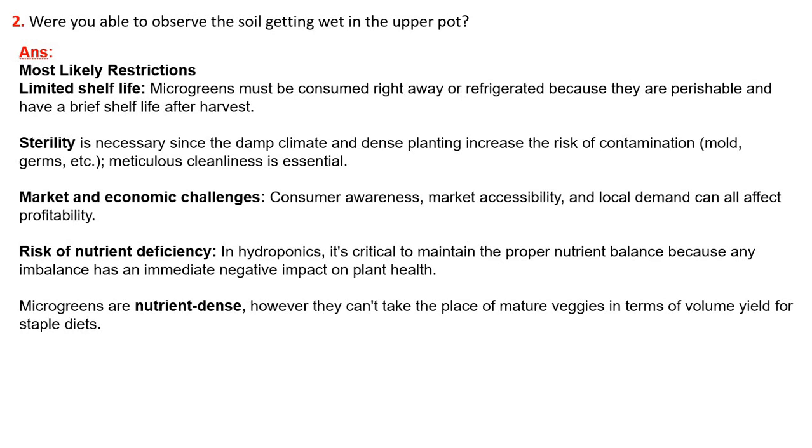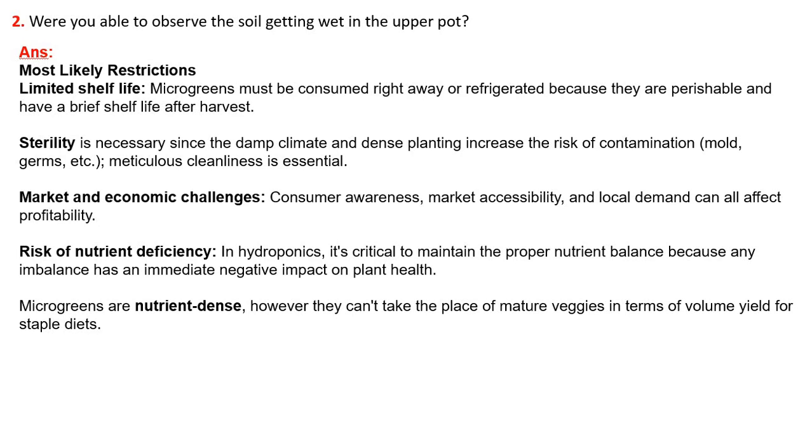Next question. Were you able to observe the soil getting wet in the upper pot? Answer. Most likely restrictions. Limited shelf life. Microgreens must be consumed right away or refrigerated because they are perishable and have a brief shelf life after harvest. Sterility.